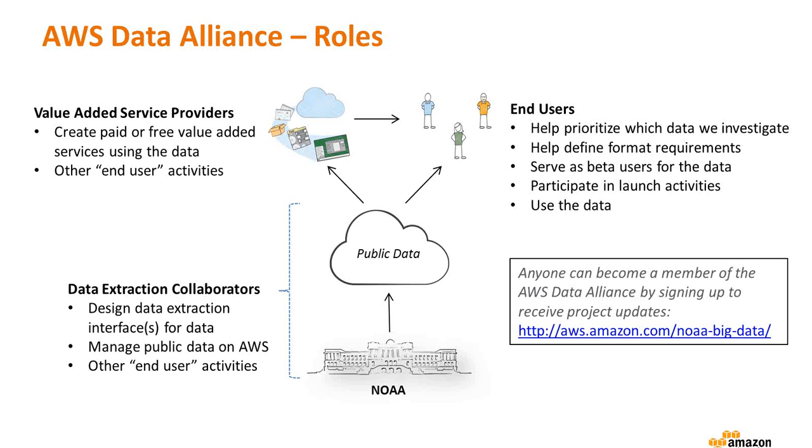First of all, there are really three categories of engagement, or three types of users, that we're looking at when we look at potential organizations and individuals engaging with the data alliance. We know that many current and potential customers from the public and commercial sectors of our customer base are interested in participating, and anyone can become a member by just signing up to receive project updates.